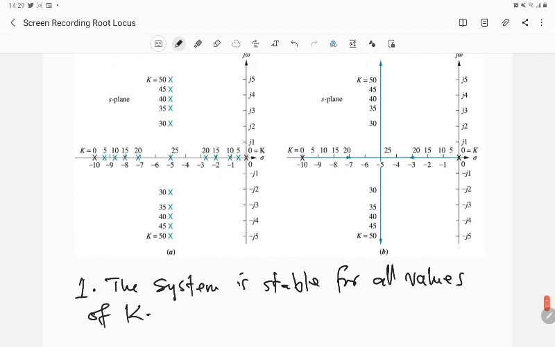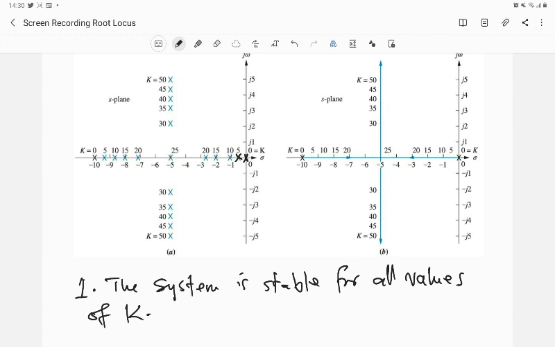You see that the root locus starts from here, which is a marginally stable system, and then with the exception of k equals 0, every other value of k pushes the roots into the left half plane, and it stays there forever. So you can vary k from 0 all the way to infinity, and all your roots are always going to be in the left half plane.